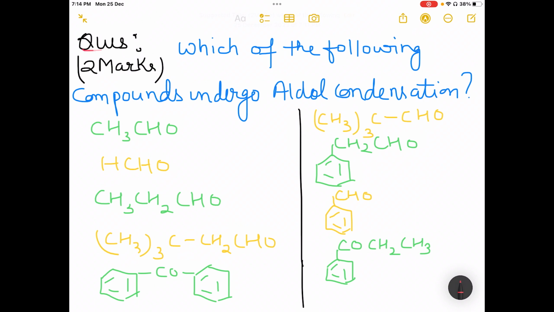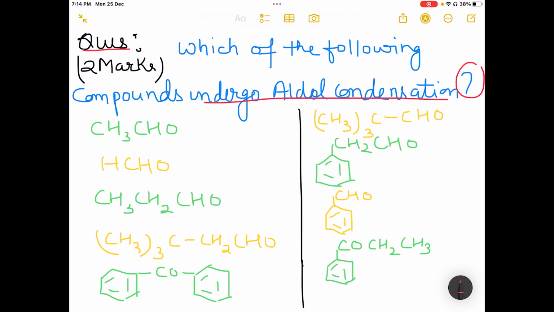An important question usually asked from this topic: many compounds are given to you and you have to identify whether these compounds undergo aldol condensation or not. For this you have to check whether a particular compound contains alpha hydrogen in it or not. If the compound contains alpha hydrogen, then it will show aldol condensation reaction.